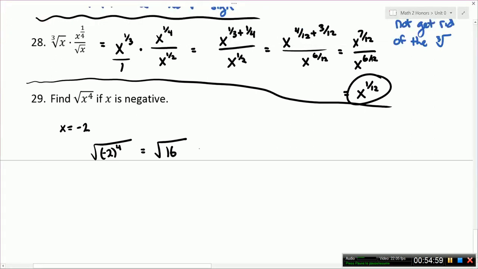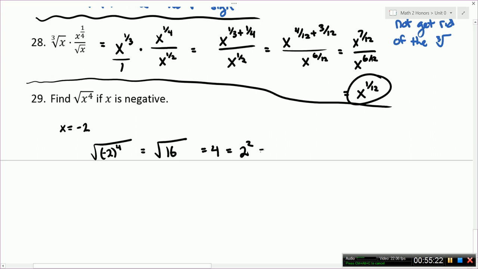And then the square root of 16 is 4, which we can think of as 2 squared. So notice we had a negative 2 to the fourth. We ended up with a positive 2 to the second to end with. But which is positive 4.